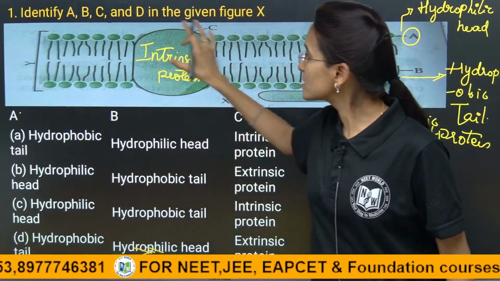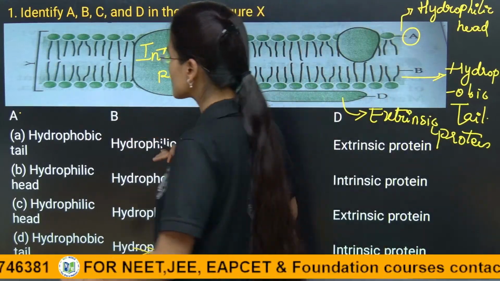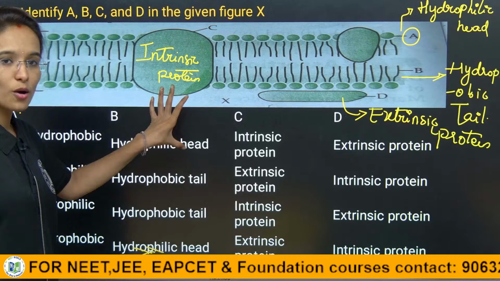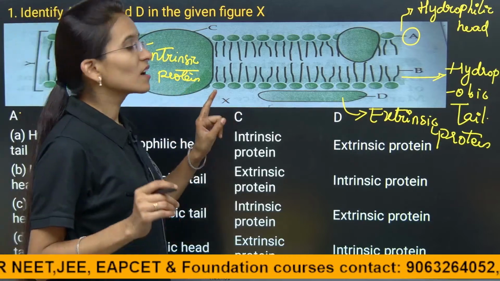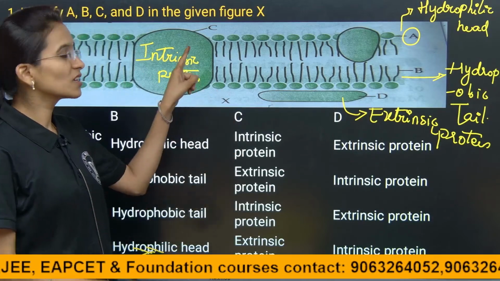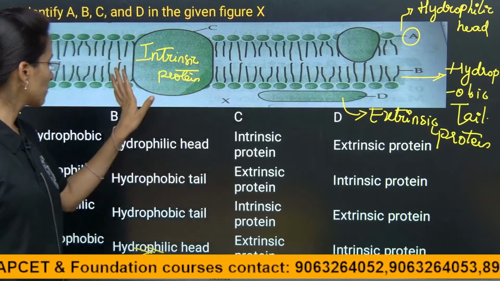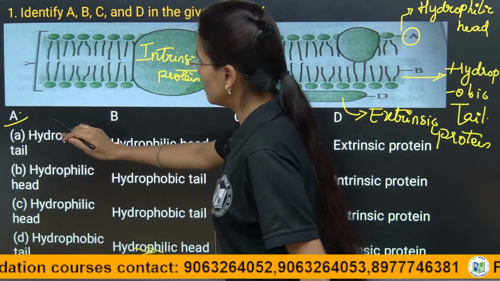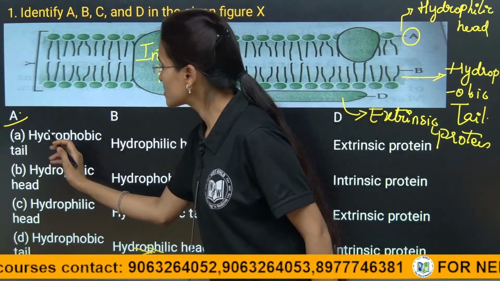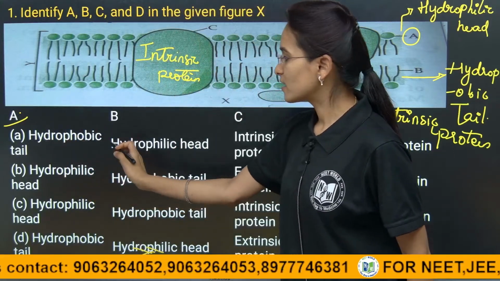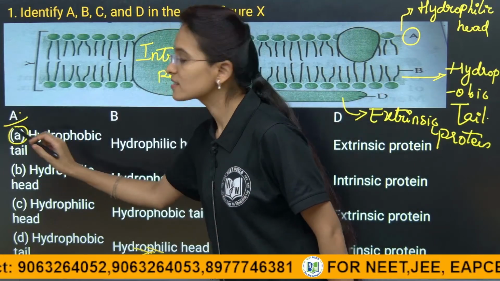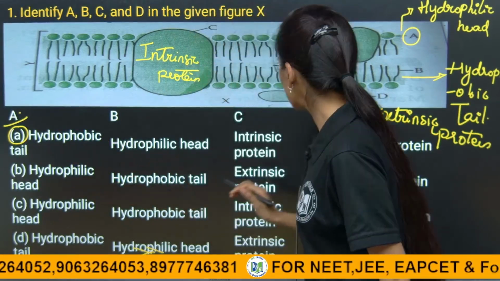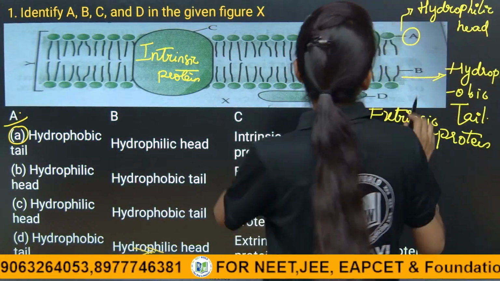Now keeping all these concepts in mind, you need to solve these case study questions. Here are the options, so you have to choose the correct option which is relevant to the given figure X, okay. Yes. So here in the option A, he is telling that A is hydrophobic tail, but actually what is A children?